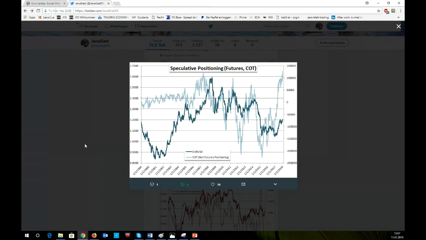From this perspective, it's very interesting to see that the euro is so strong, and that the big speculators, the non-commercials, have never been as aggressively long the euro before. It's a record long position. It has never been the case that we've seen such a huge long exposure in the euro at all.